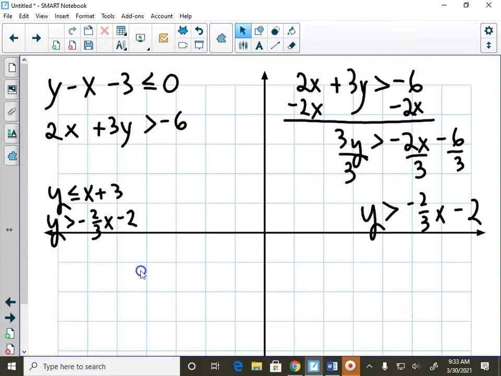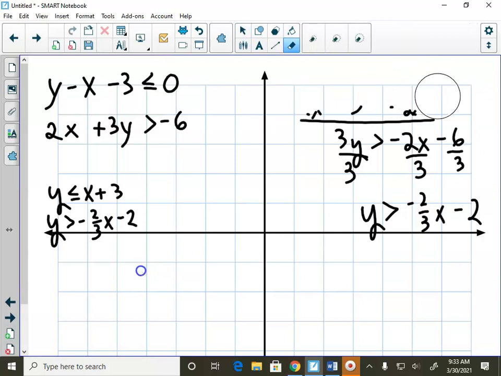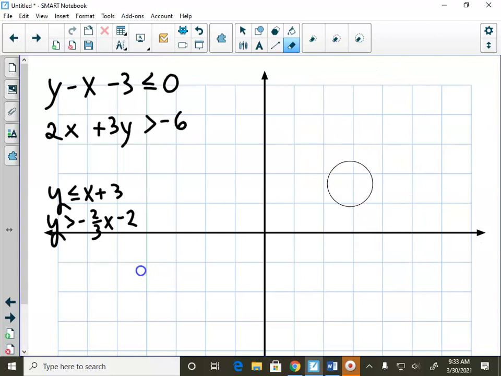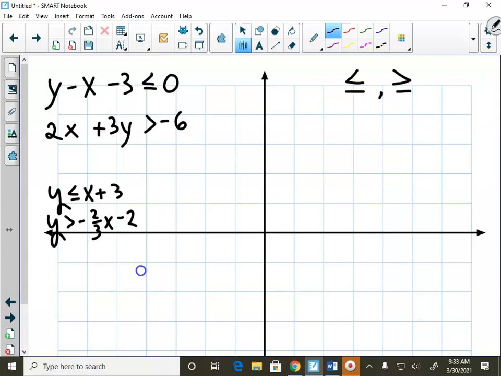Okay, so now we're just going to clean this up a little bit so we can put our graph on the same page and you can see what the graph looks like. All right, so we'll do our first equation. I guess we'll do that in blue. A couple things that you need to know when you're graphing an inequality as compared to graphing an equation. Anytime that you have a less than or equal to or a greater than or equal to, that means you're going to have a solid line.